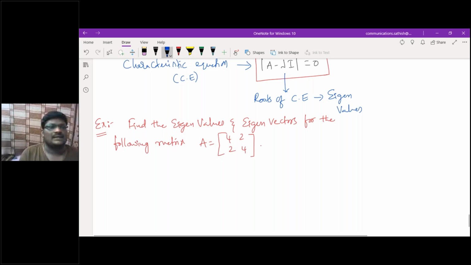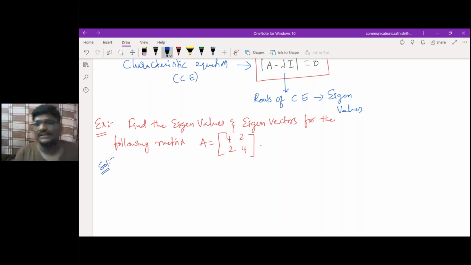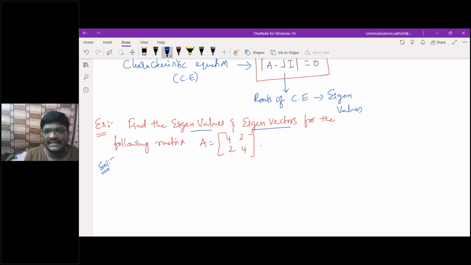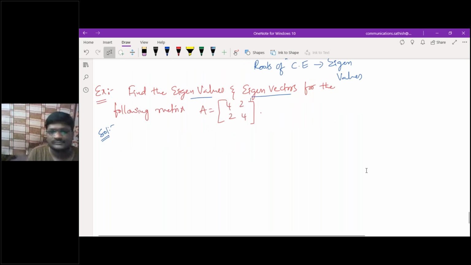Please try to follow me here. How will I calculate the eigenvalues and eigenvectors? For eigenvalues, I have to form the characteristic equation. The characteristic equation is mod A minus lambda I equal to 0.